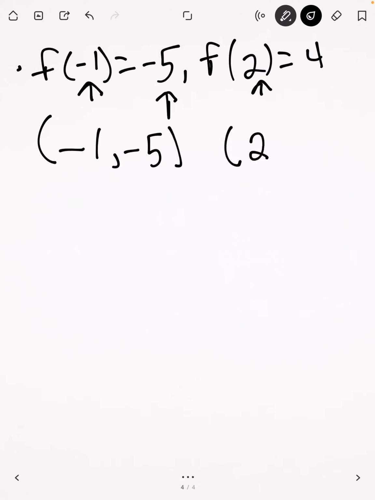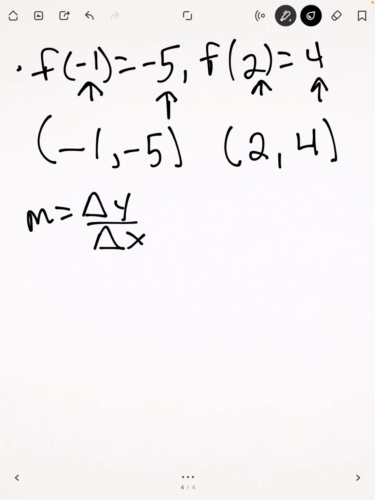For our first one, where f of -1 equals -5 and f of 2 equals 4, let's first rewrite these as pairs of points. When x is -1, our output, or y value, is -5, and when x is 2, our y value is 4. Since we know this is a linear equation, we can find our slope. Slope is our change in y over our change in x.